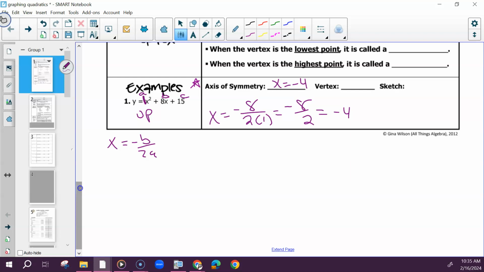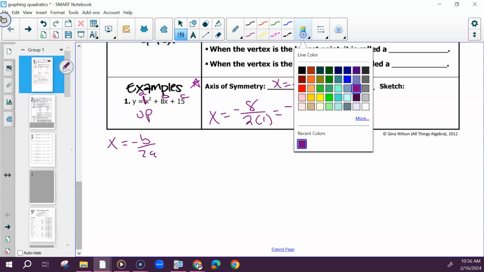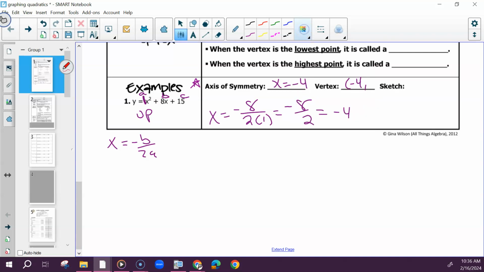Then to find our vertex, the x we just found, that's going to be part of it. But to find the y part, we have to take this negative 4 and put it in for every single x here. So use parentheses, and you can put this on your calculator all at once.